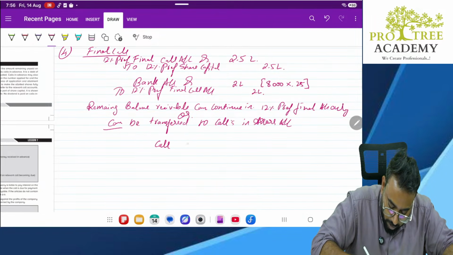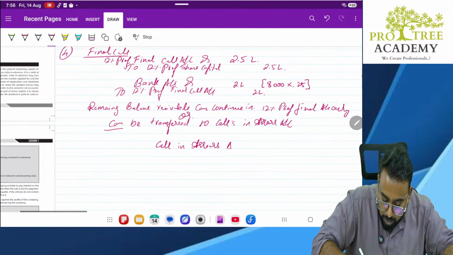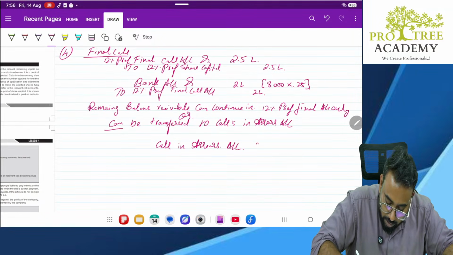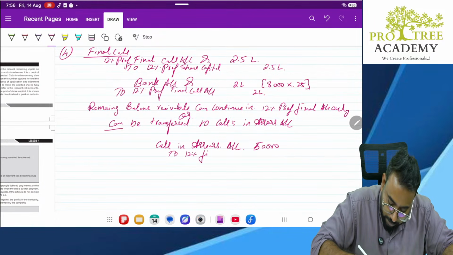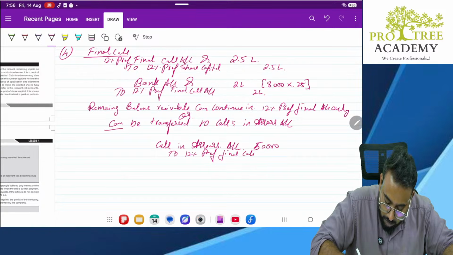It is an asset account, correct? Calls in arrears is a type of asset account, because we have to receive the money. So how much? 50,000 to 12% preference final call account, 50,000.